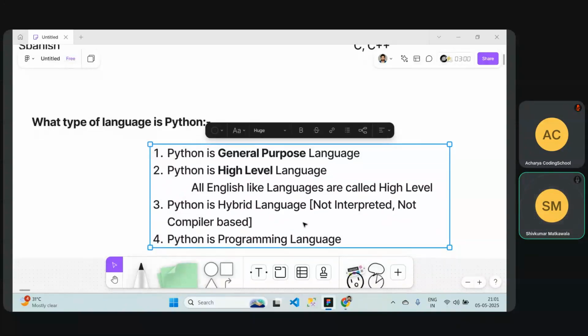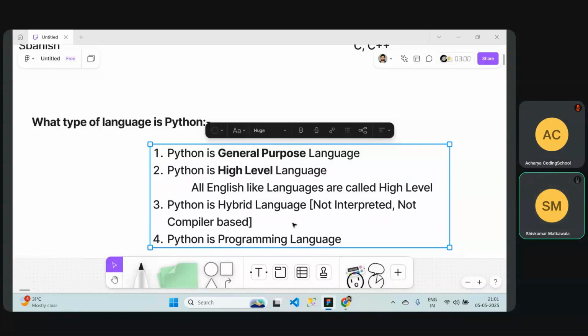But once it is interpreted, it will not be interpreted again and again. A copy of that low level language will be used again and again whenever you run the code. So it will not be interpreted again and again from high level to low level, English to binary.